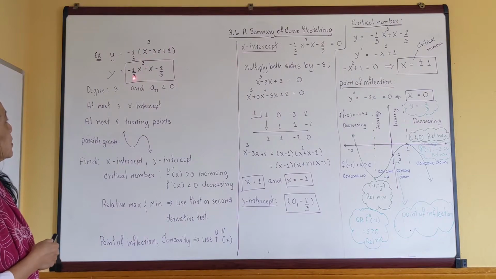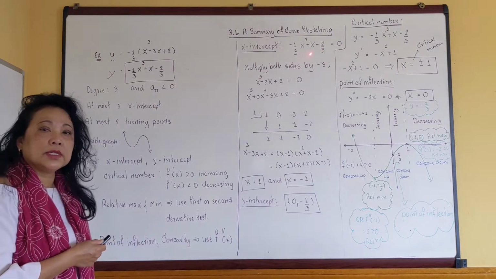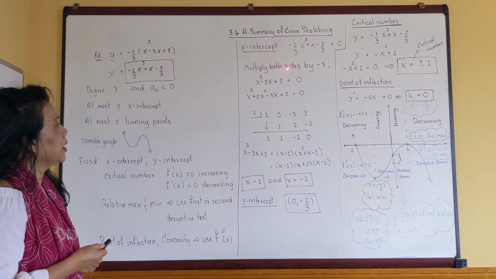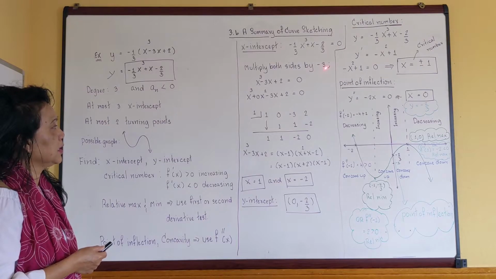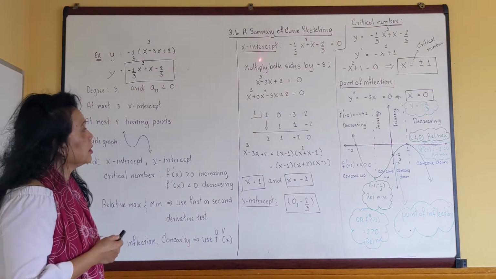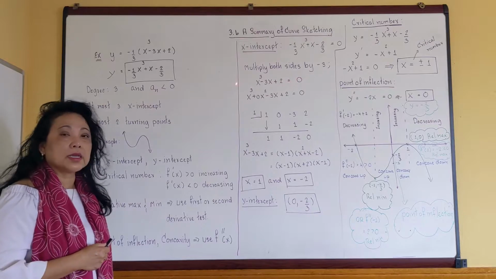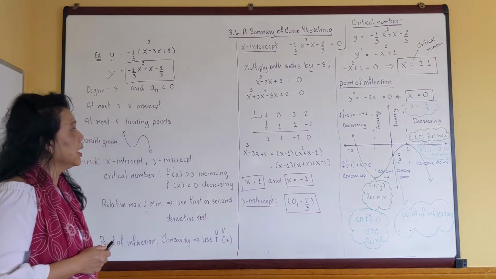Okay, first I'm going to use this equation instead of the top one. Alright, I want to get rid of the denominator, so I multiply every term by negative 3. By doing that, I get rid of the denominator. And I'm going to use synthetic division because it's degree 3, alright? If you don't remember, synthetic division is from pre-cal, alright?